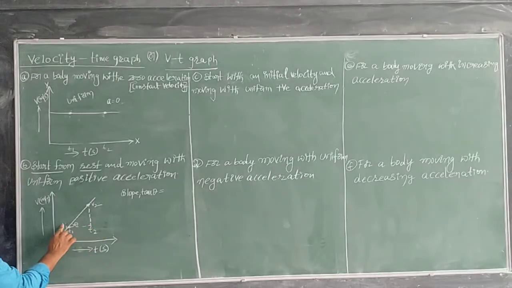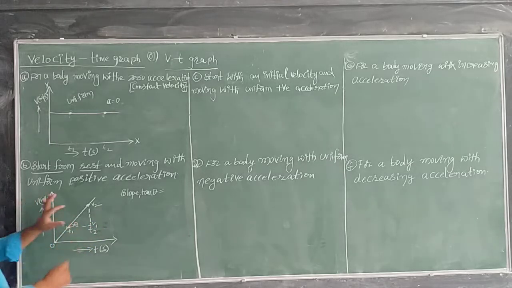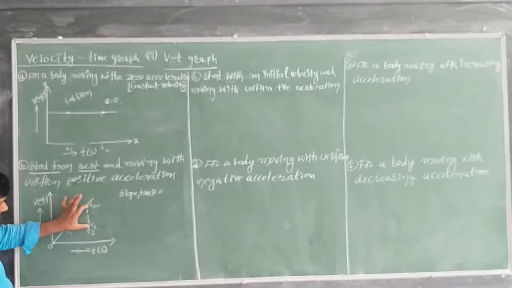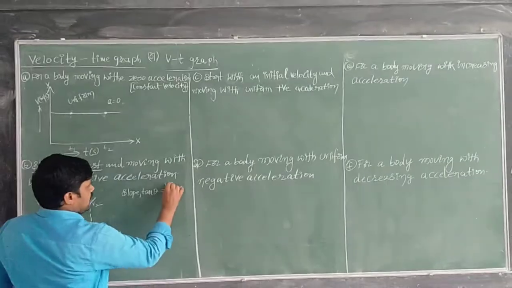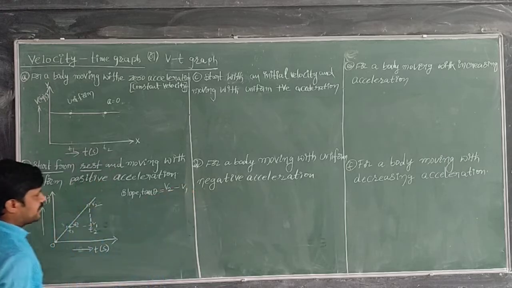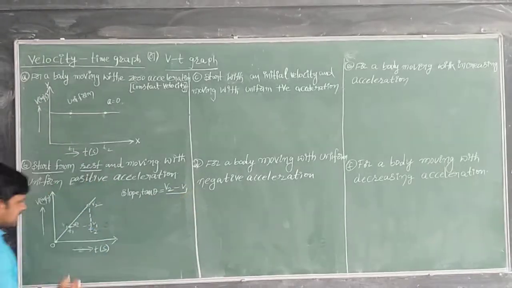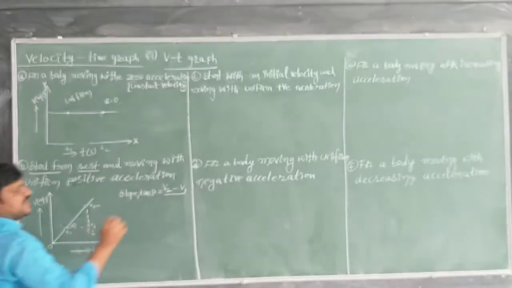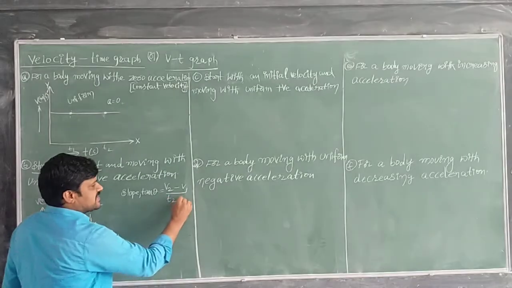Opposite means on this line, the difference between these 2 points, v2 minus v1. Divided by the adjacent side, the difference between these 2 points horizontally, t2 minus t1.